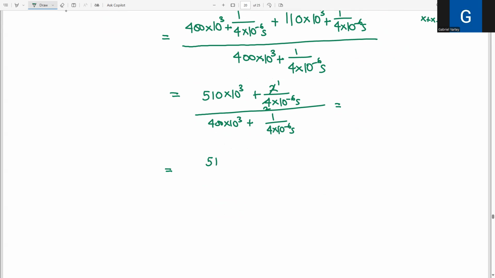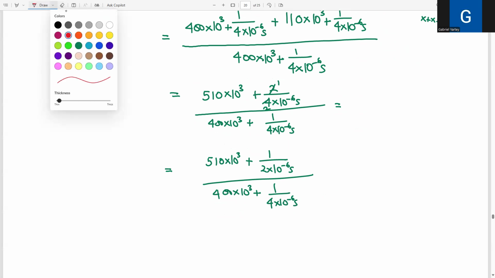So 510 times 10 to the power 3 plus 1 over 2 times 10 to the power minus 6s, all over 400 times 10 to the power 3 plus 1 over 4 times 10 to the power minus 6s. Now, I can create and destroy, right?